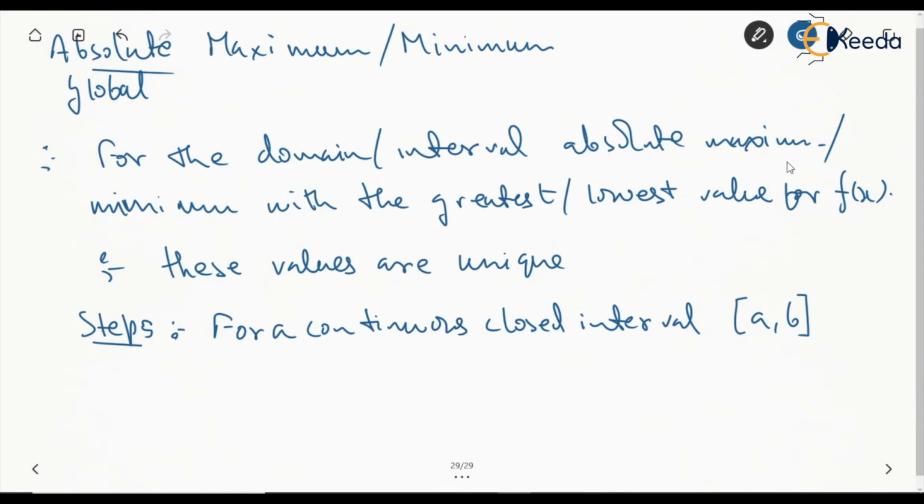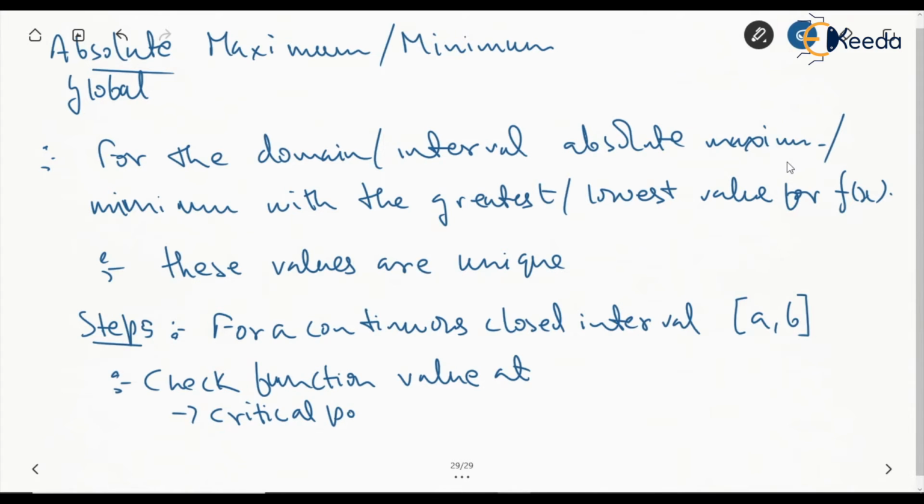So for a continuous closed interval we have to check function value at critical points. What is this critical points?